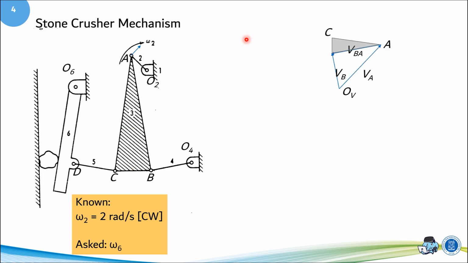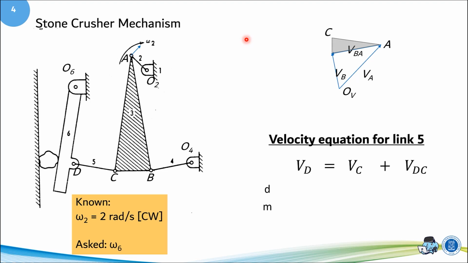Next step is the velocity analysis for link number 5, that is Vd is Vc plus Vdc. We know the direction of Vd, that is perpendicular to O6D, so this is the line of O6D, and the direction of Vd is this line. And we know the direction of Vc from the previous analysis.